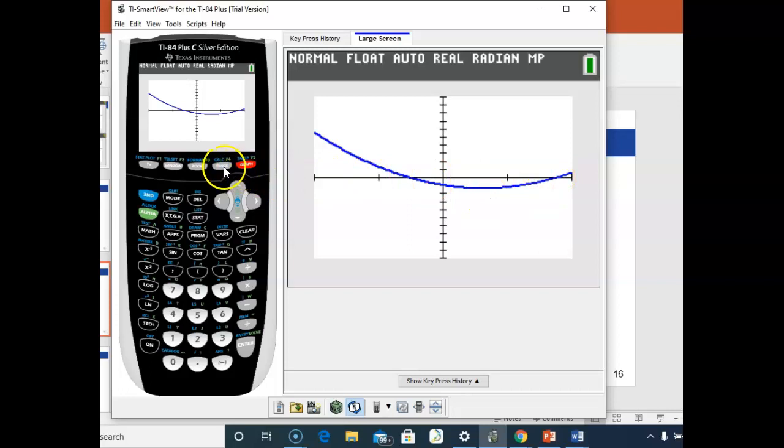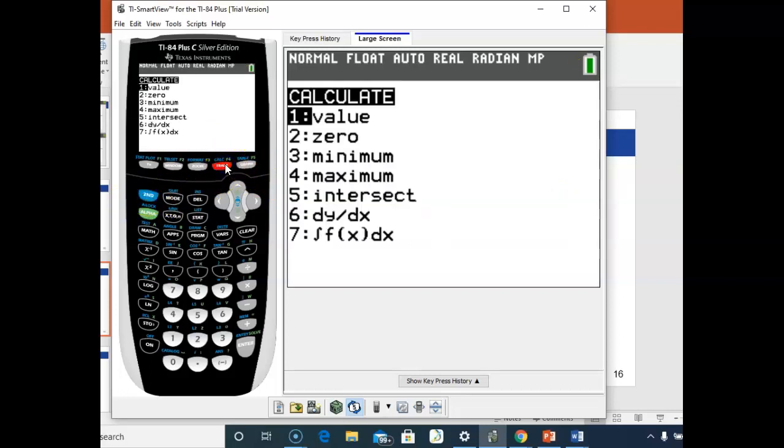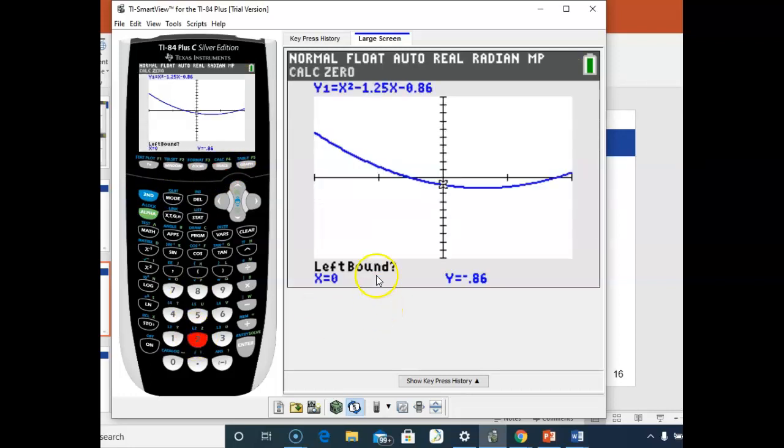So I'm going to go to my calculate menu, so second and trace, and I'm going to choose number 2. Okay, so it's asking me for a left bound. Let's focus on this zero here first. So for a left bound, I might move my arrow key over until my cursor is slightly to the left of this point here.